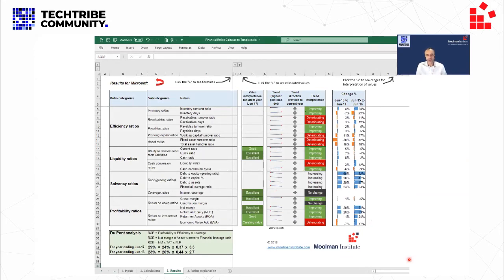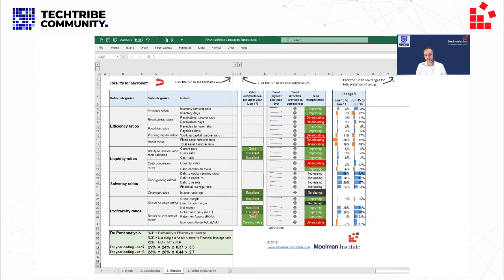One of them is a spreadsheet where you just enter the financial statement information on a sheet, and then it pops out, calculates a lot of these ratios for you in those different categories. And it also helps you interpret those ratios. It says changes from year to year. It tells you whether that's good for your business or bad. It says, this was for Microsoft, for example.